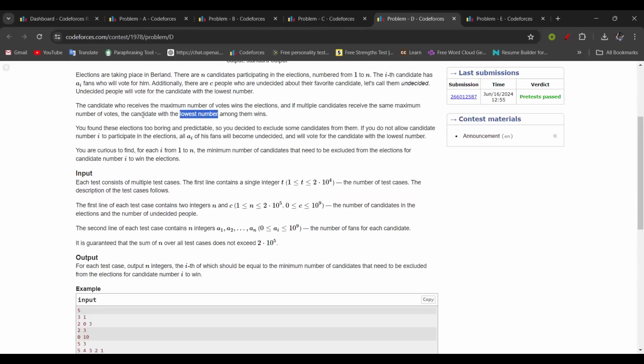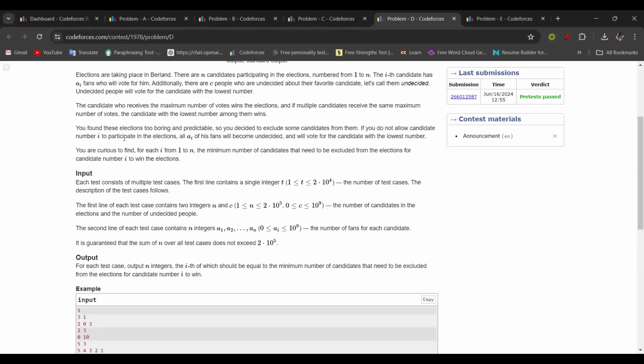Now you found these elections too boring and predictable, so you decided to exclude some candidates from them. If you do not allow candidate number i to participate in the election, all ai of his fans will become undecided and will vote for the candidate with the lowest number. Now, you decided to make the elections a little interesting.